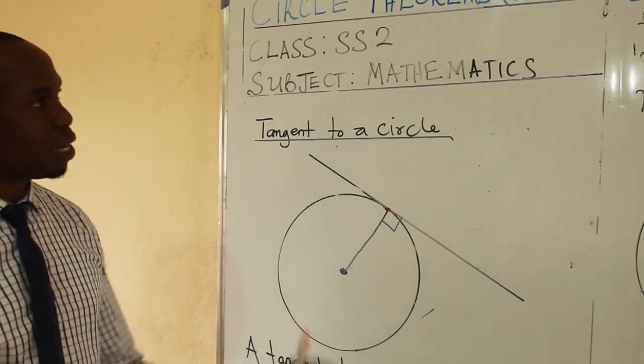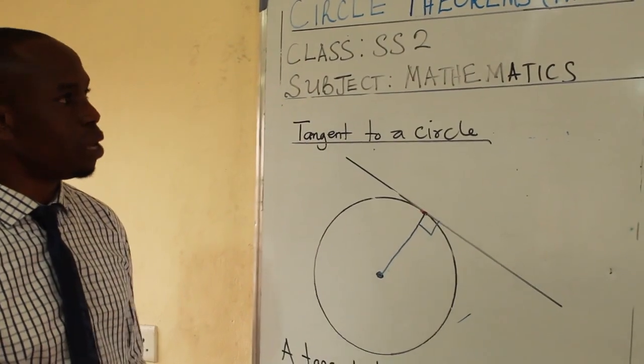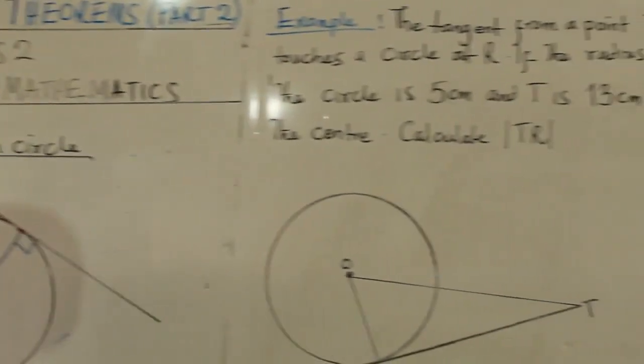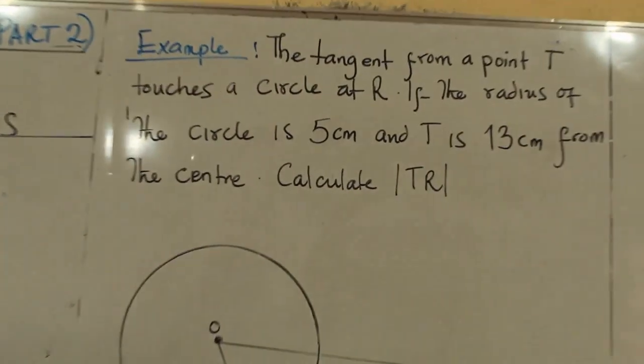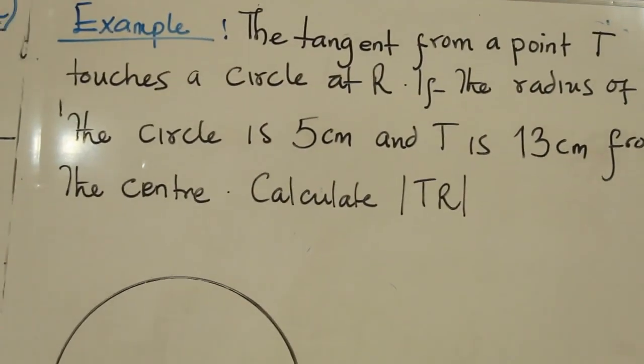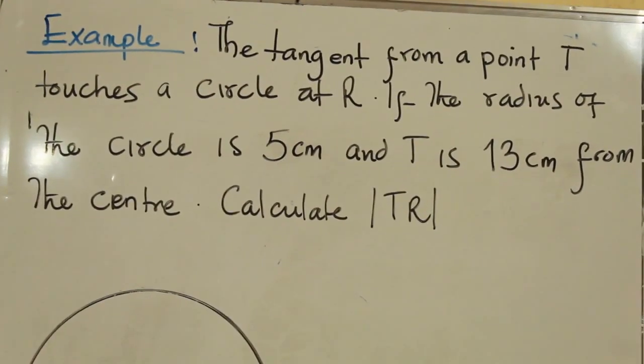So I have an example here written on the board, and the example says that the tangent from a point T touches a circle at R. If the radius of the circle is 5 centimeters and T is 13 centimeters from the center, calculate line TR.